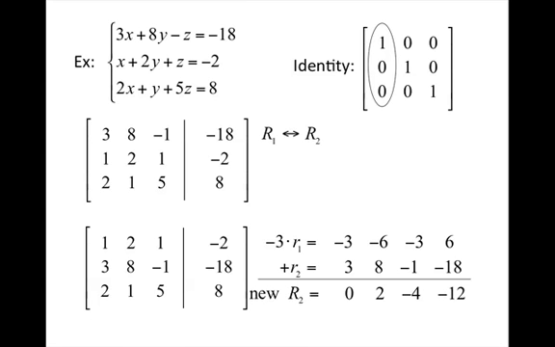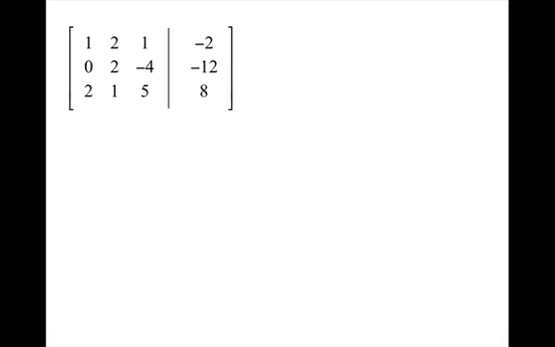Then negative 6 plus 8 is 2. Negative 3 minus 1 is negative 4. And 6 minus 18 is negative 12. So now rows 1 and 3 stayed the same, and row 2 became 0, 2, negative 4, negative 12.